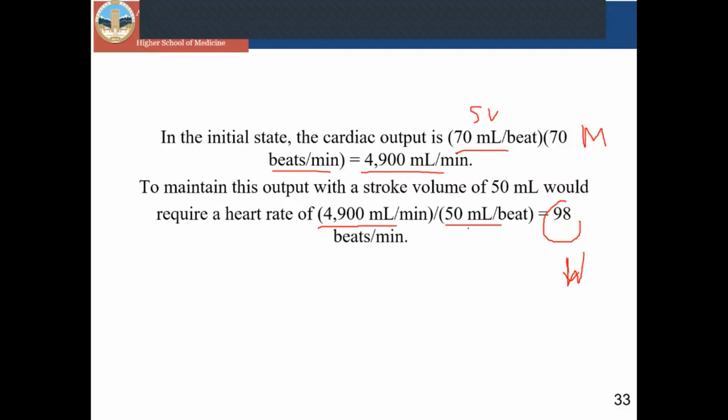Women have less volume in the heart because of a smaller heart. Yes, it will be 50. Male have 70, and he needs only 70 beats to give this cardiac output. But for women with a smaller heart, we need more heart beating for the same cardiac output. Understanding? Yes, Sad?